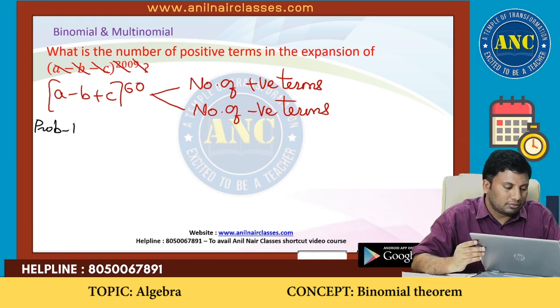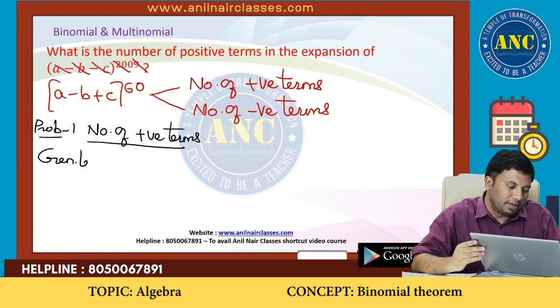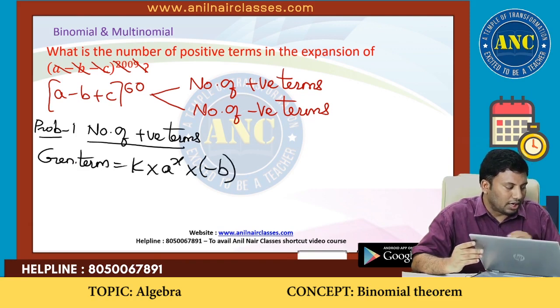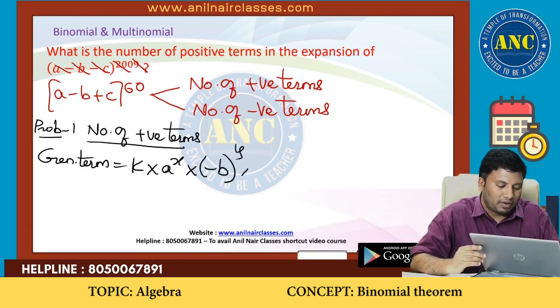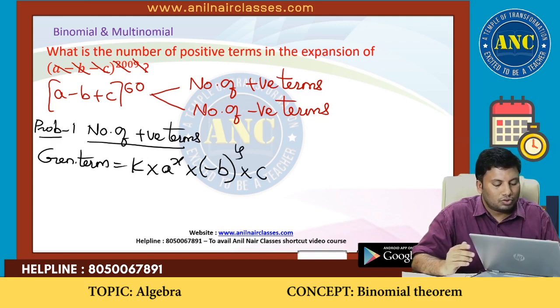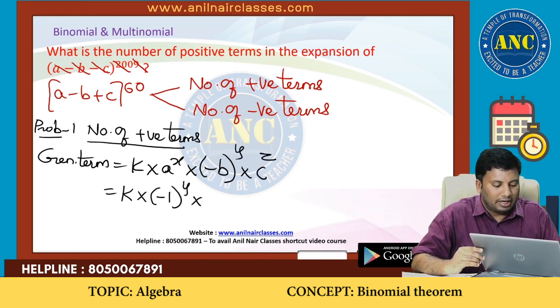Problem 1. Number of positive terms. These are nothing but generic term will be k into a power x into minus b power y into c power z. These are nothing but k into minus 1 power y into a power x into b power y into c power z.